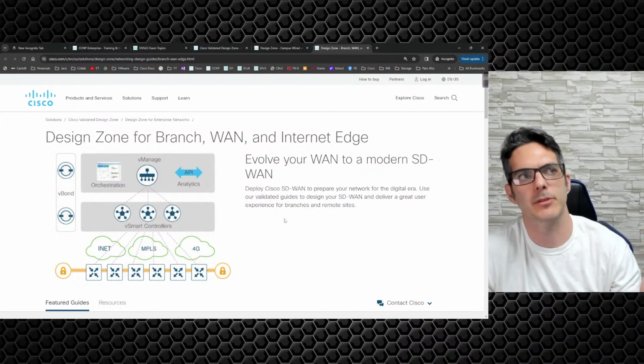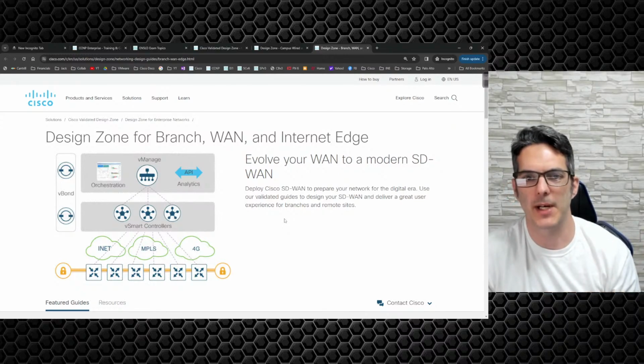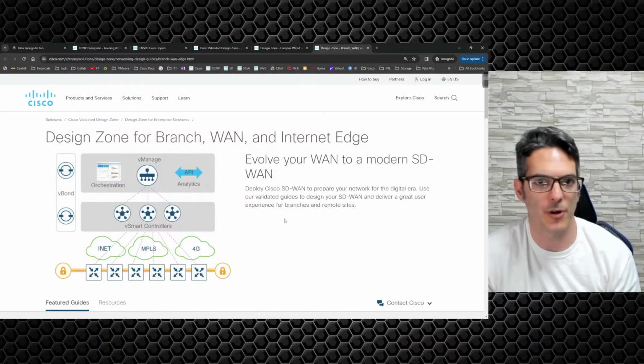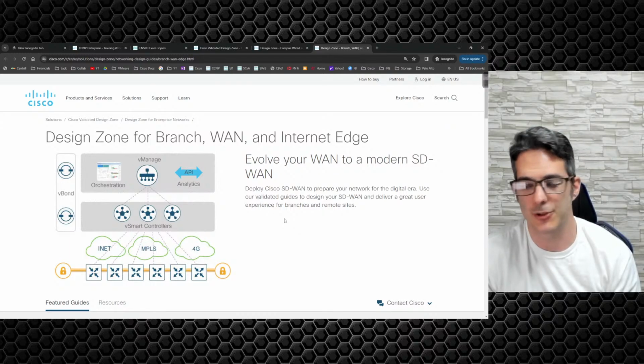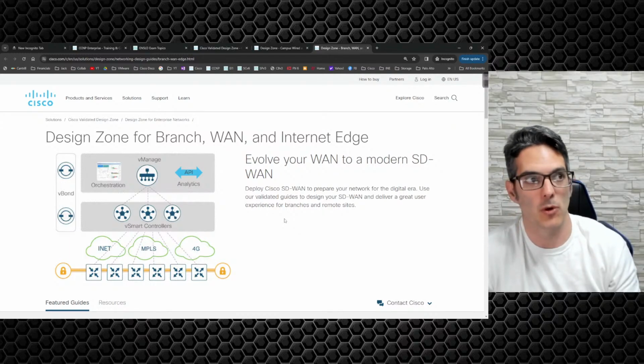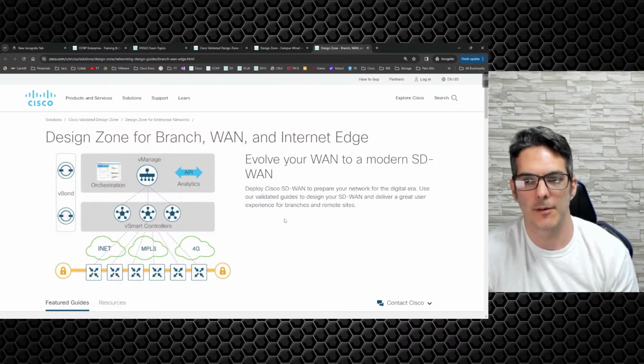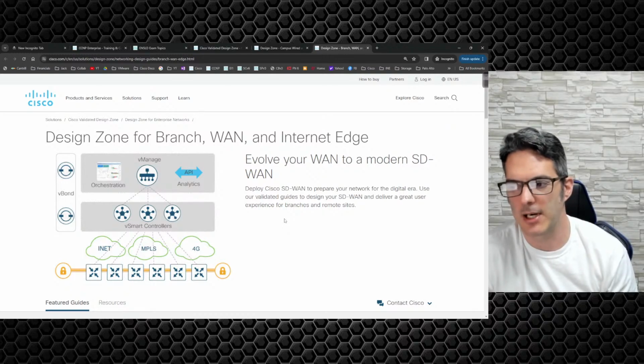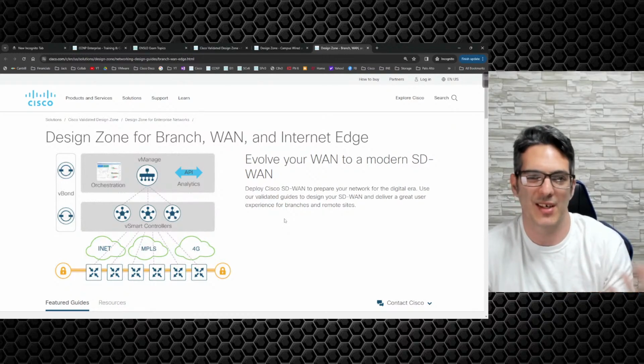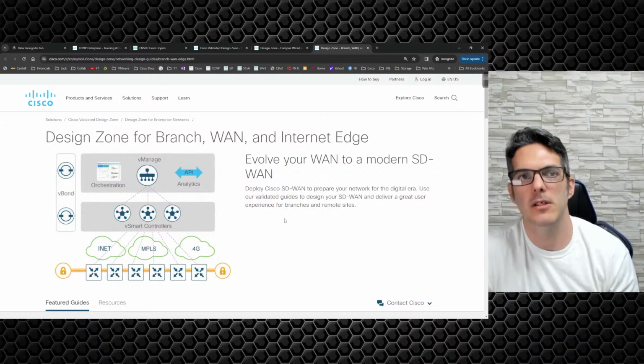I was talking to a customer a few weeks ago. They've got DMVPN deployed, and it's been working great for the past 7 or 8 years. So I was just like, okay, are you looking to modernize your internet edge, your WAN edge? And they're like, not really. We'll do a hardware refresh every few years, but we don't really see the need for it.